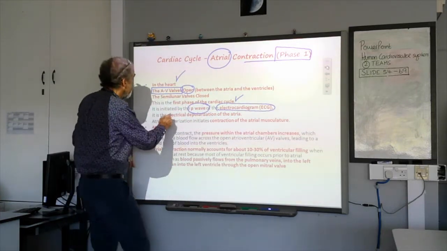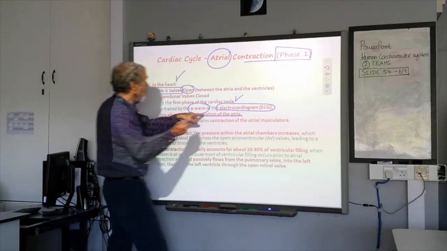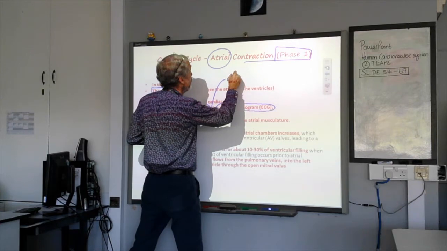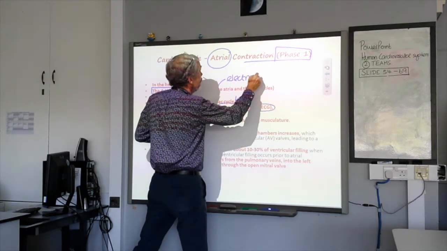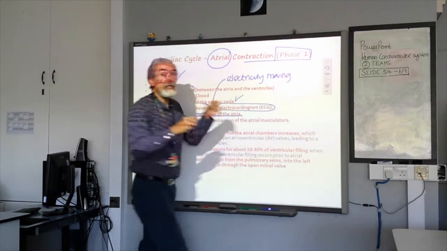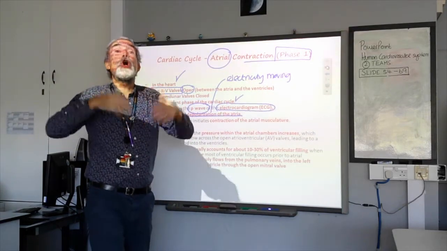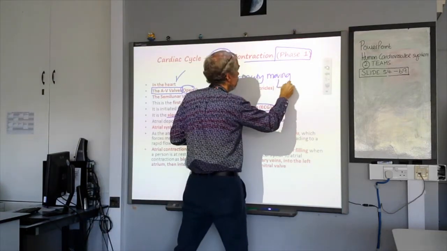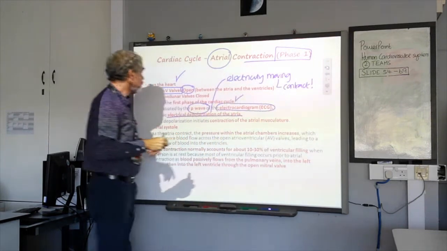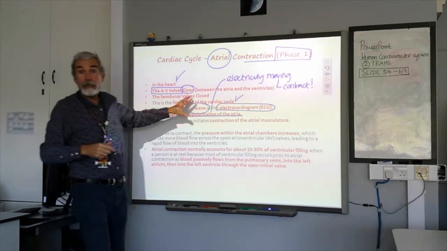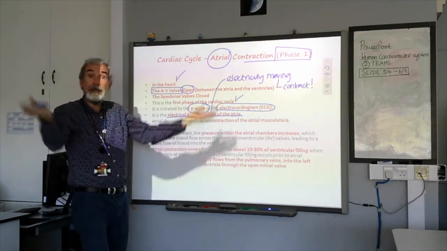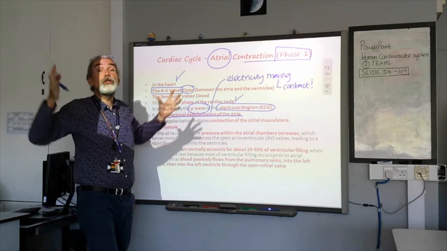Whenever we see that word depolarization, I want you to think of electricity that is moving, which is causing the heart muscle to contract. This initial movement of electricity through the atria is going to get the atria to contract.